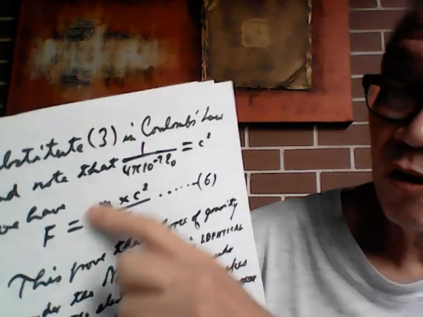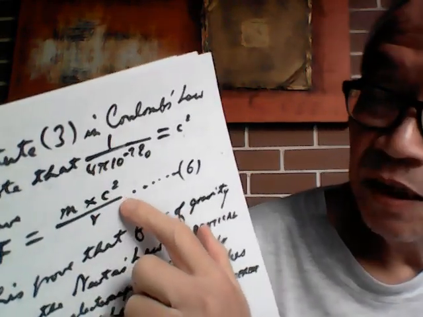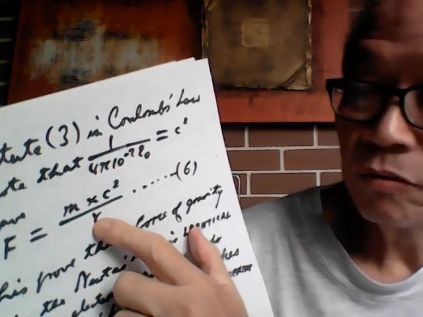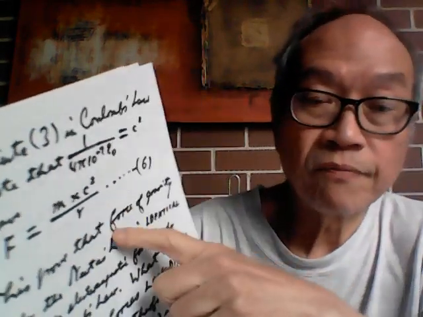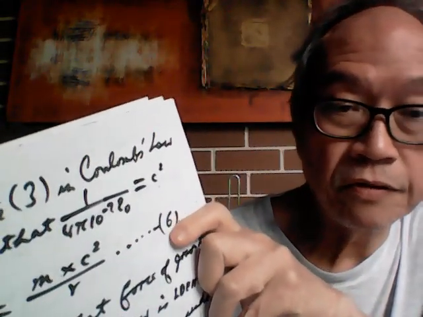Then what do we have? You have F is equal to, again, m times c squared divided by r. The final result. I call it equation 6.